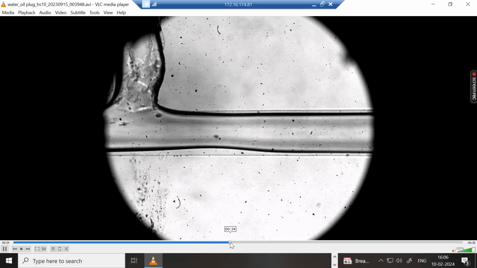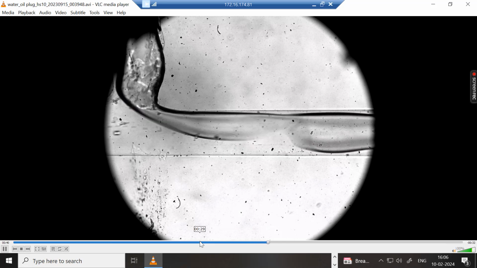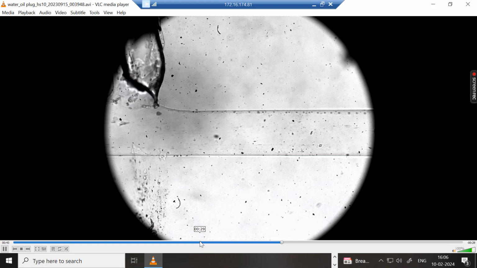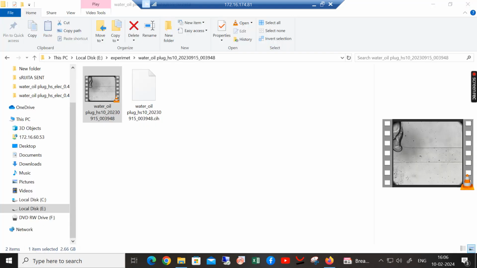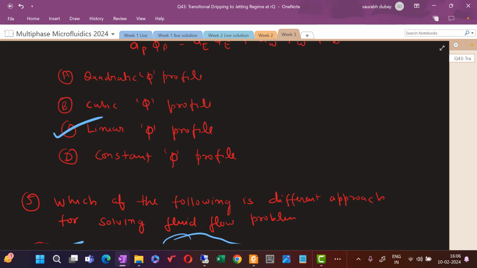You see how these waves are forming. There is a competition between different flow structures. Yes, so let us get back to the question and the problem we were talking about.